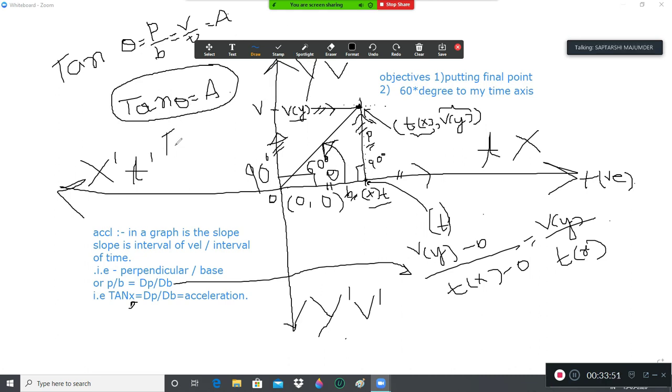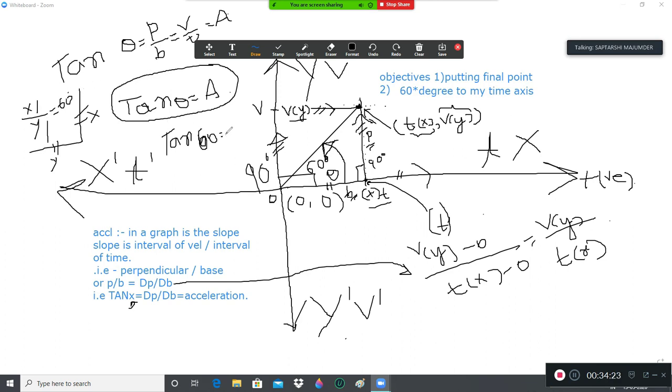So tan 60. Now find the value of tan 60. See, the tan 60 value is nothing but, if the perpendicular is x and the base is y, then x by y equals tan 60, and you need to find this x by y.